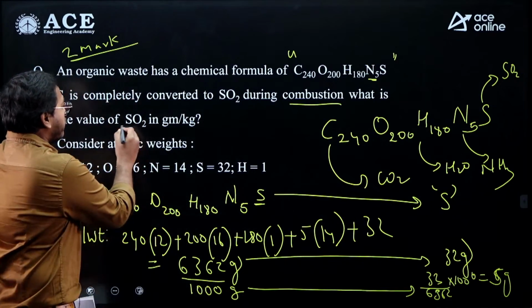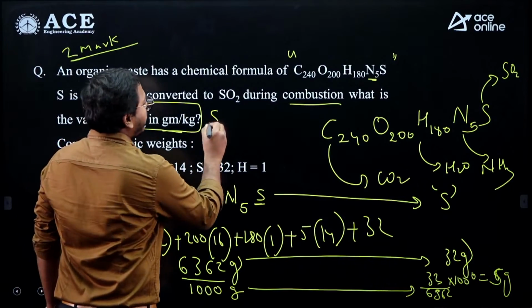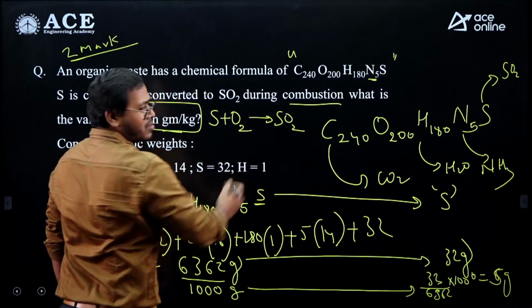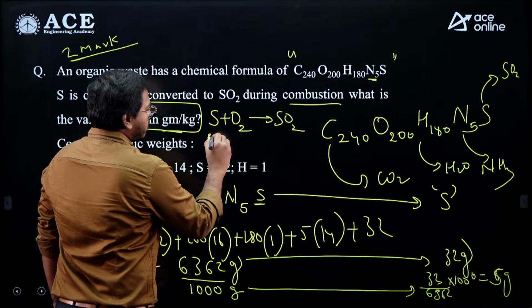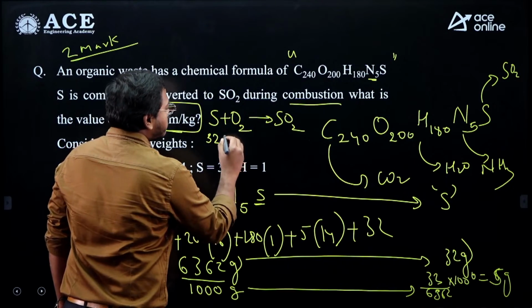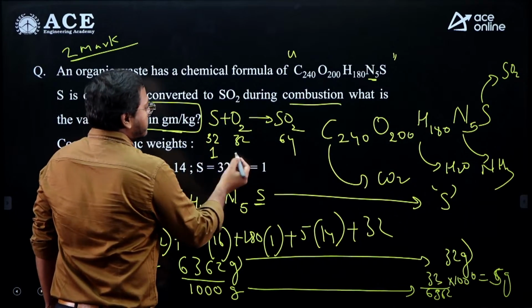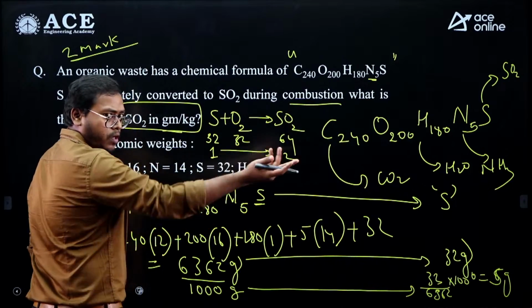Now we want SO2 emission, not sulfur emission. And it is very evident that sulfur, when you are burning, will convert to SO2. Everyone knows this. We solved many questions in the class in a similar format. So the atomic weight of sulfur is 32, oxygen adds another 32, and you will be getting 64. So 1 part sulfur on reaction will give you 2 parts. 32 is giving 64, so 1 part will give 2.